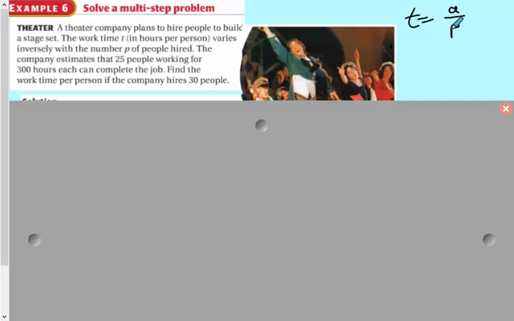So that's the equation that I'm going after here. So with 25 people, it takes 300 hours. So we're going to figure out what A is. So 300 equals A divided by 25. I'm going to multiply both sides by 25 to figure out what A is. So A equals 7,500.